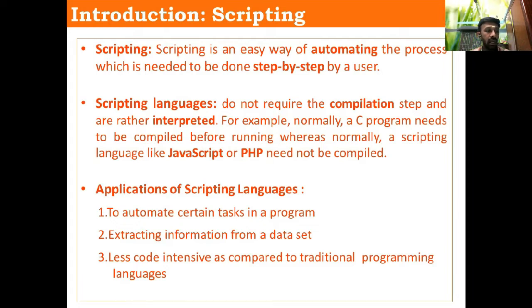Take an example, our C program. It needs to be compiled before we run it. Before running, this process makes an intermediate code, that is, high level language to object language.